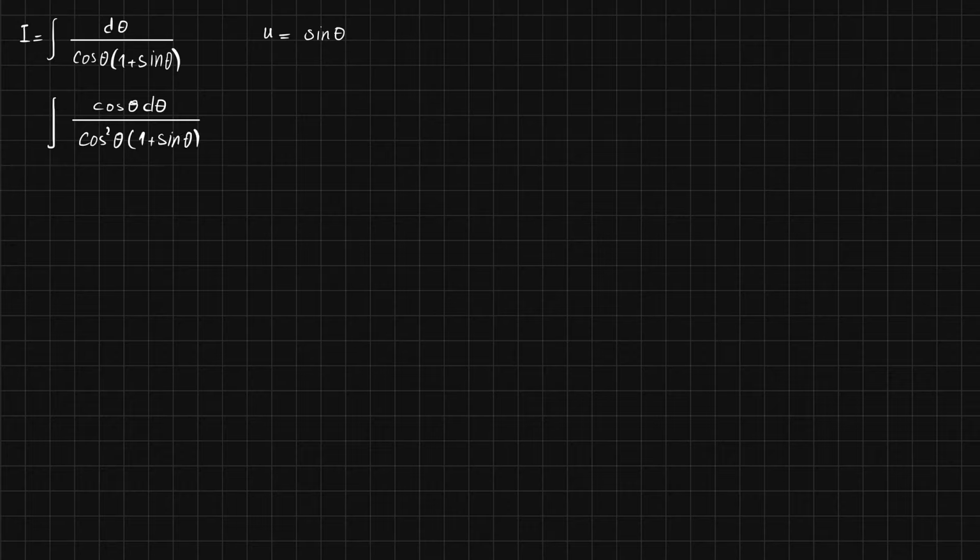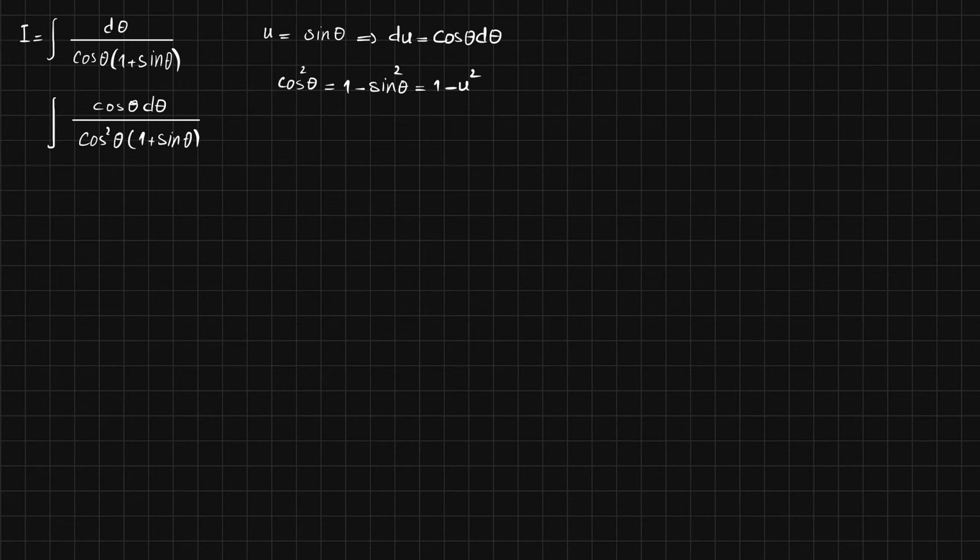Okay, but then from here, I can calculate du, which becomes cosine theta d theta, which is good, because instead of this, I can put du, since my goal is to write the integral in terms of the variable u. But we also know that cosine squared theta can be written as 1 minus sine squared theta, but sine theta is u, so it becomes simply 1 minus u squared.